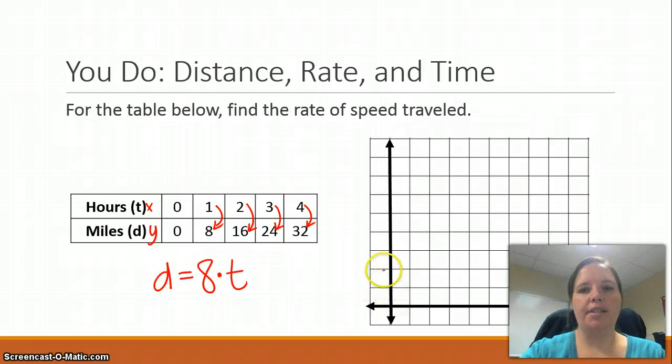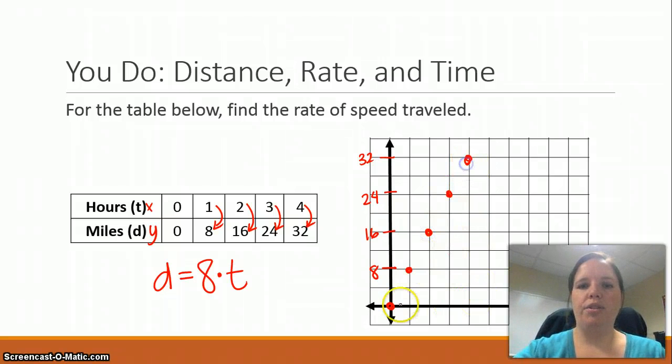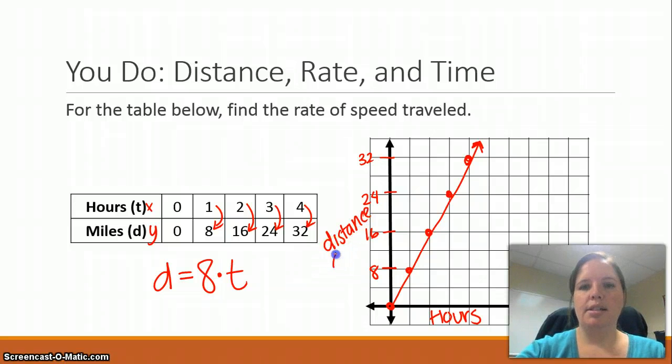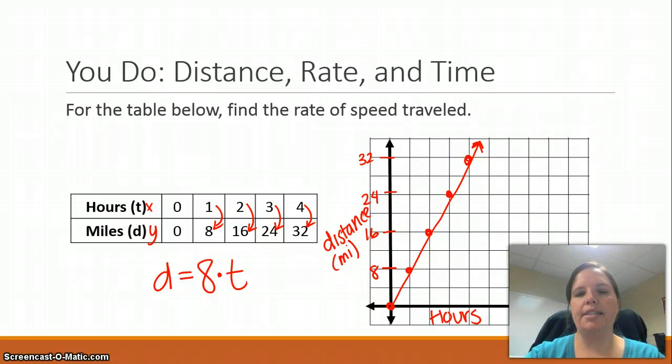So if we graph this, 8, 16, 24, 32: (0, 0), (1, 8), (2, 16), (3, 24), (4, 32). I'm not putting an arrow on the other end because we don't really want to go to negative values for hours and distance.